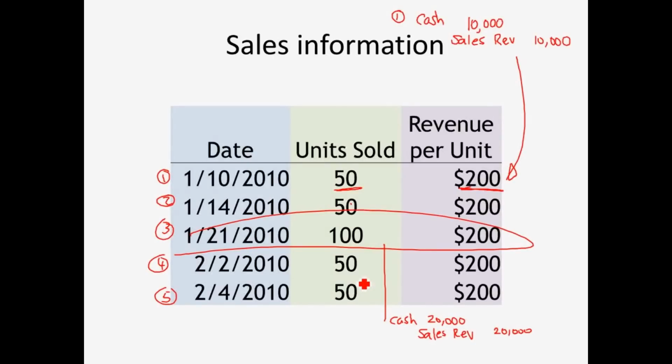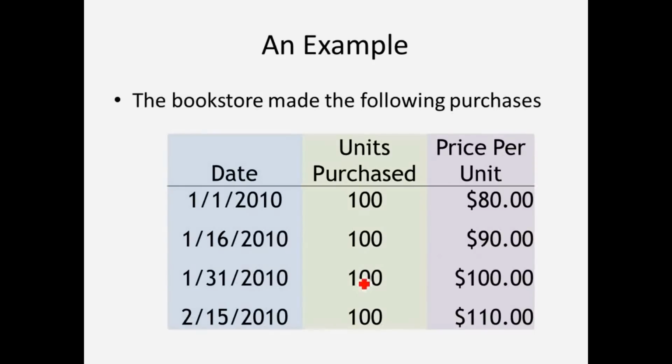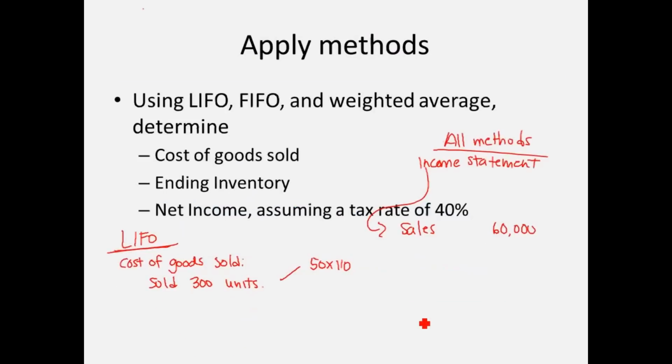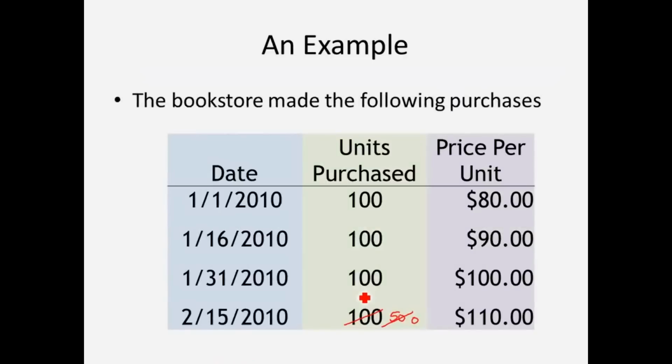I still have another 50 at 110. Remember, maybe this is a better slide for you to see. Here, after the first purchase, I had 50 left. Now I have 0. So I sold another 50 that cost 110. How about the next 100 that I sold? Which ones did I sell?